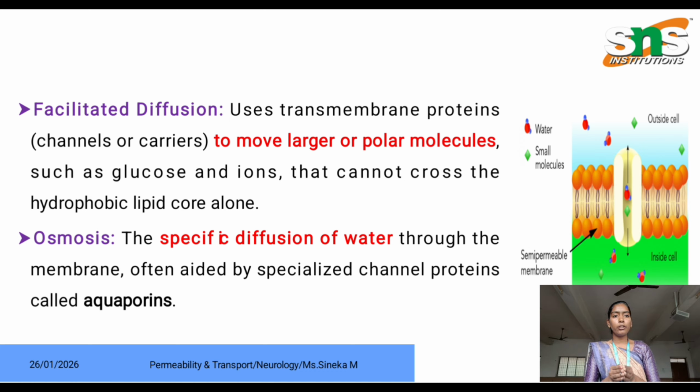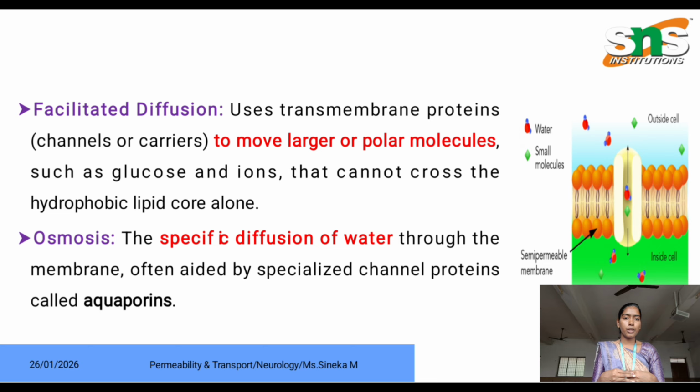Usually smaller molecules will not need any channels or carriers to move into the cell, but larger molecules such as glucose and ions cannot cross the hydrophobic lipid core alone, so they need channels or carriers to enter into the cell.